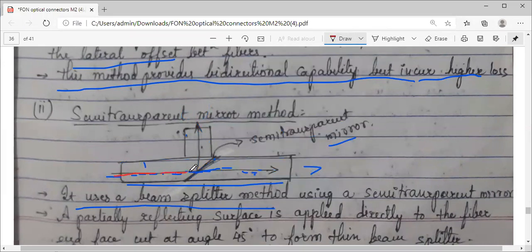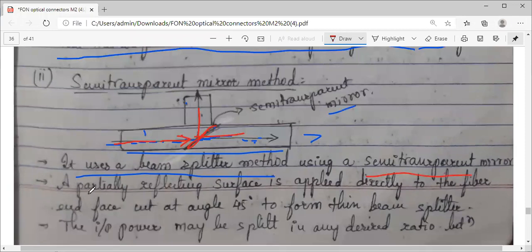The main beam is propagating in the first fiber, and by using this mirror, you are splitting the beam. That's why it is the beam splitter method, using a semi-transparent, partially reflecting mirror. A partially reflecting surface is applied directly to the fiber. Here it is kept at a slant. The end face is cut at an angle of 45 degrees.